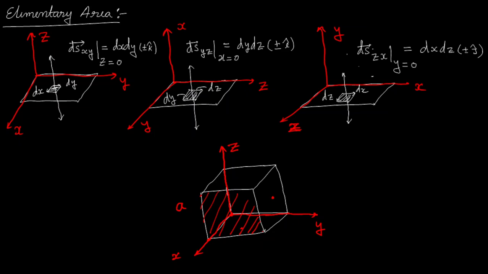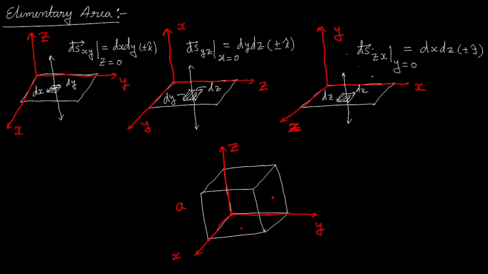So we'll get a problem like this. If we have a cubic surface and the electric field is written in terms of the rectangular coordinate system, we need to calculate the flux that passes through this cubic surface or one particular surface.